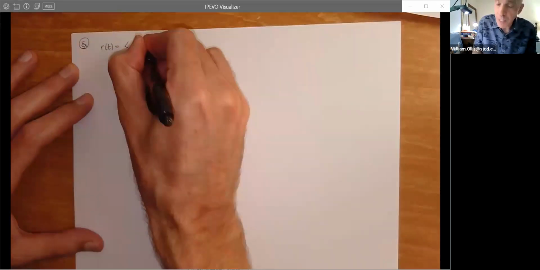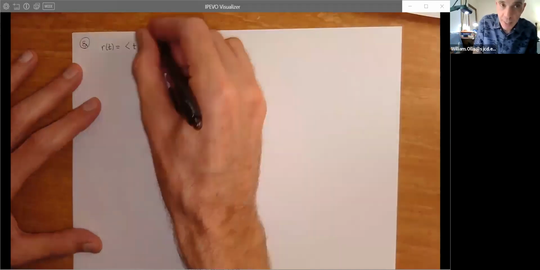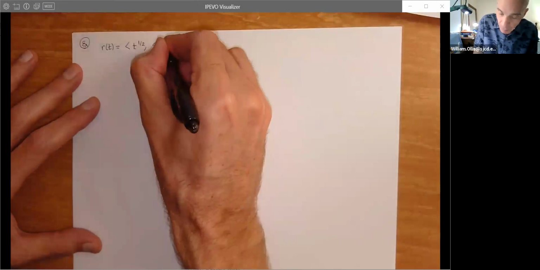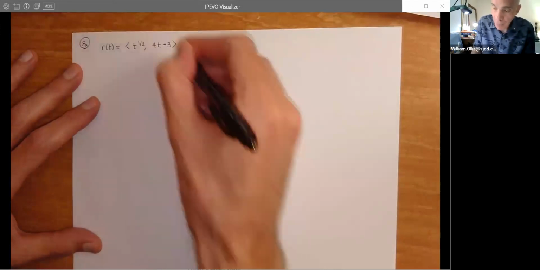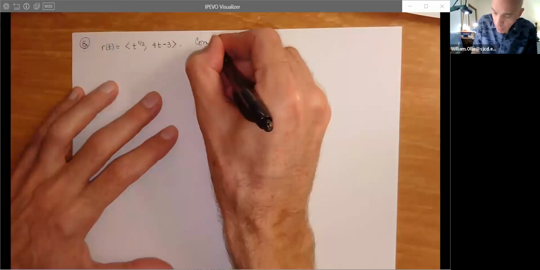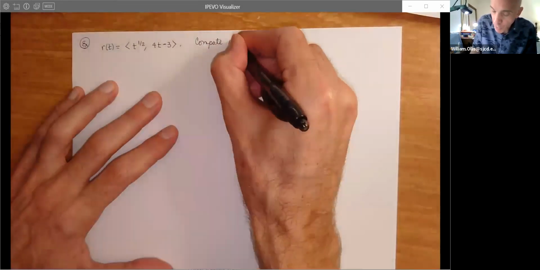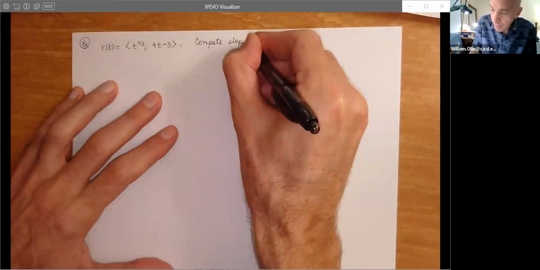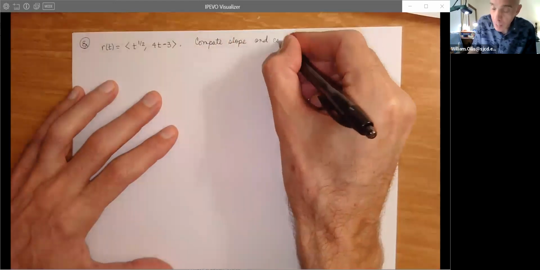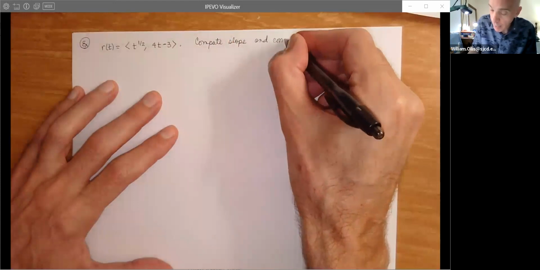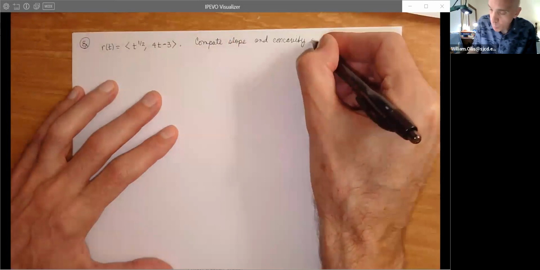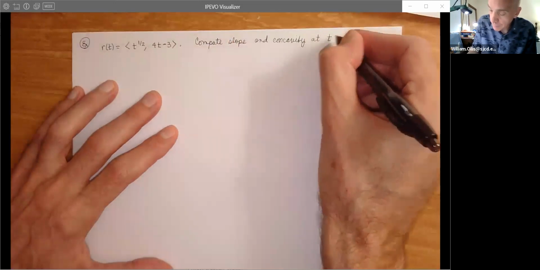So we have r of t is the square root of t in the x coordinate, and 4t minus 3 in the y coordinate. And what we're asked to do is compute slope, and we know that's the first Cartesian derivative, and concavity, which is the second Cartesian derivative, at t equal 9.